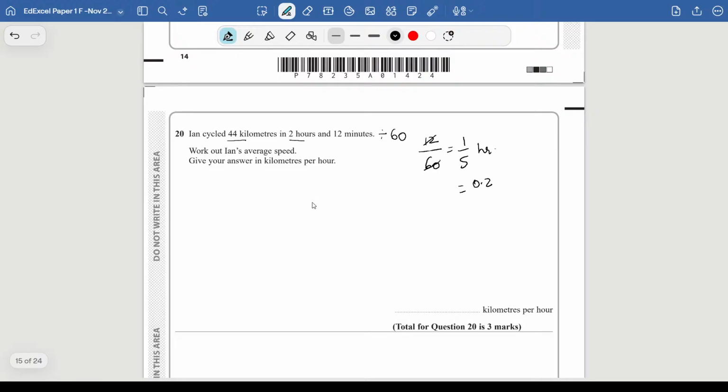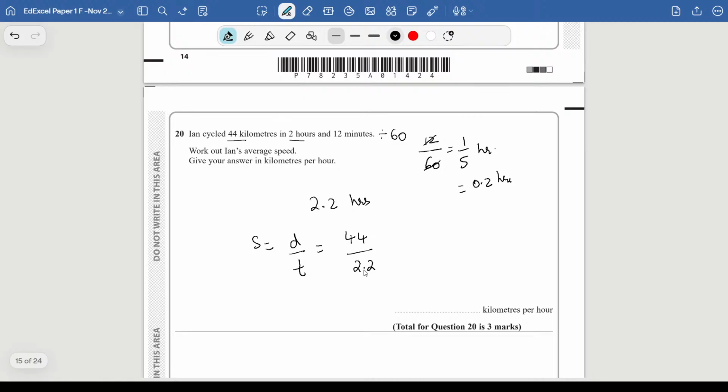So 2 hours and 12 minutes will be 2.2 hours, because 12 minutes is 0.2 hours. So when I add them together, I get 2.2 hours. And the distance is 44. So the speed is distance divided by time. Distance is 44, divided by 2.2.